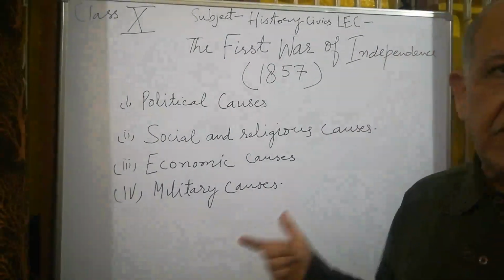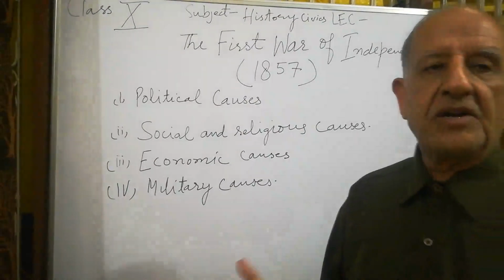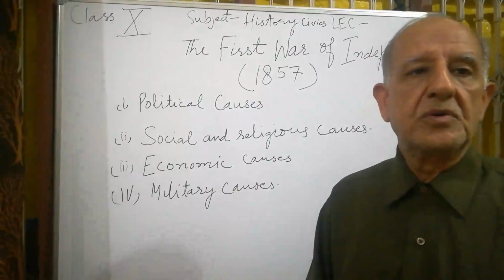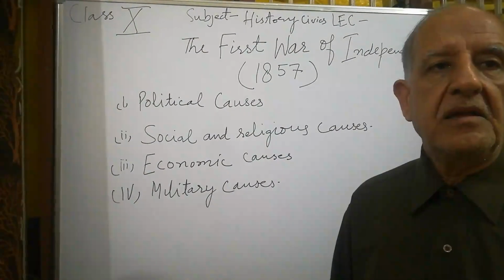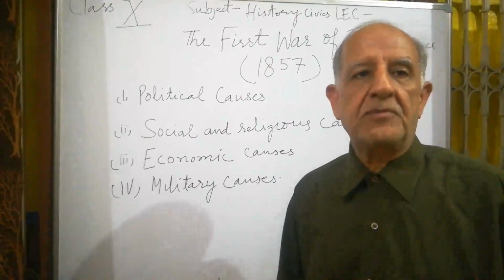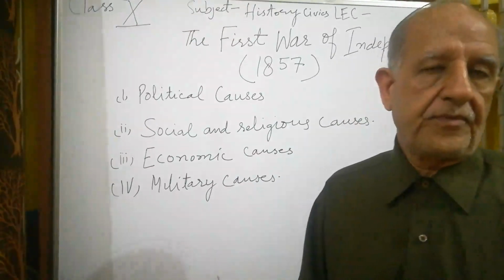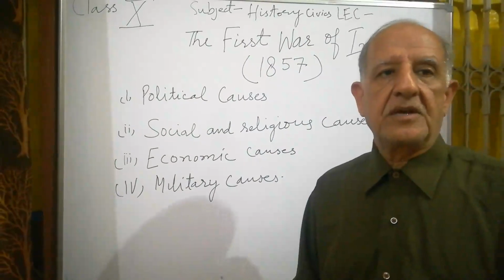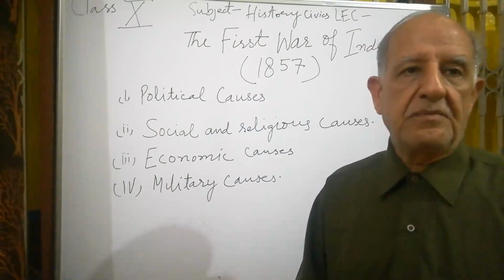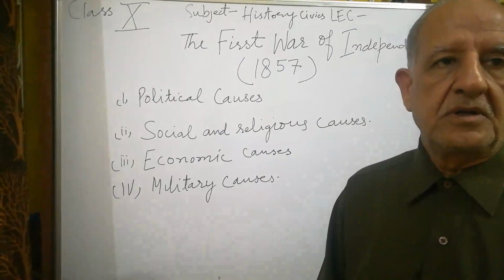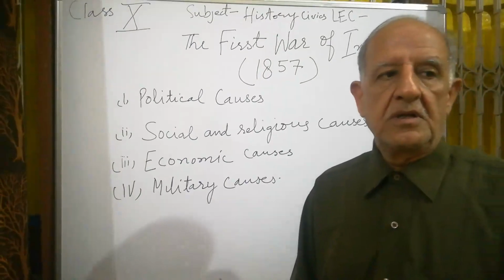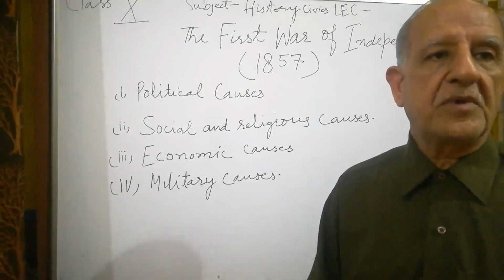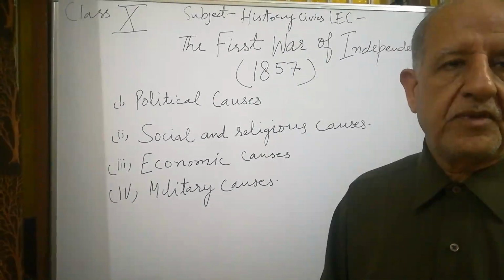Similarly, we have the military causes. In the military causes, you had the Indian soldiers who really helped the British to establish rule over India. But how were they treated by the East India Company, by the British? The Indian soldier used to get less salary compared with the British soldier.